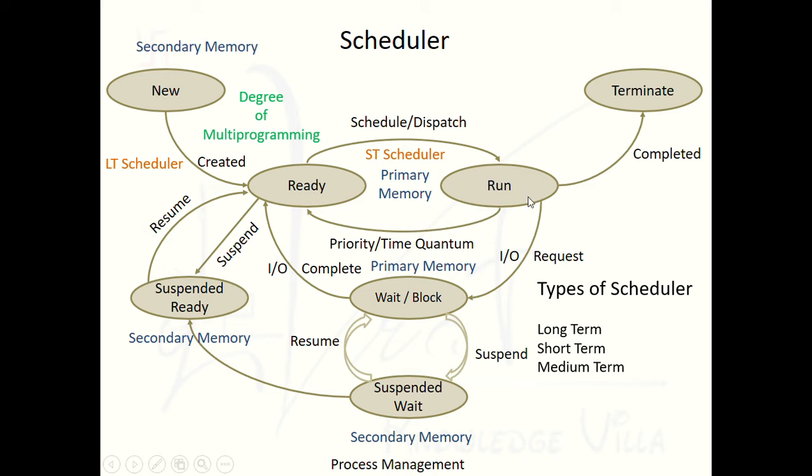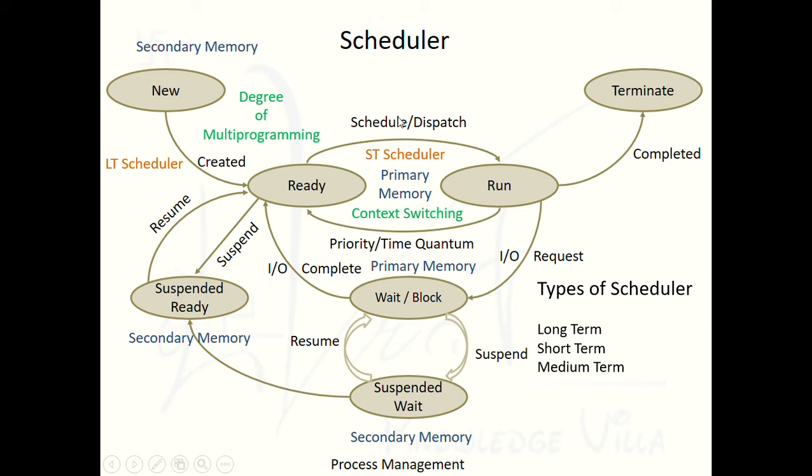If the time quantum of the running process is over, the short term scheduler moves that process back into the ready state and brings a new process for running. That is the role of the short term scheduler, and this activity is known as context switching. Whenever we take the CPU from one process and allocate it to another process, this is known as context switching. We are switching the CPU from one process to another process.